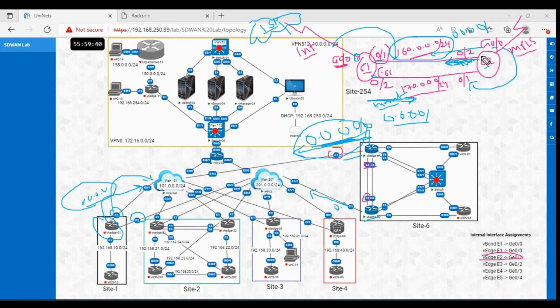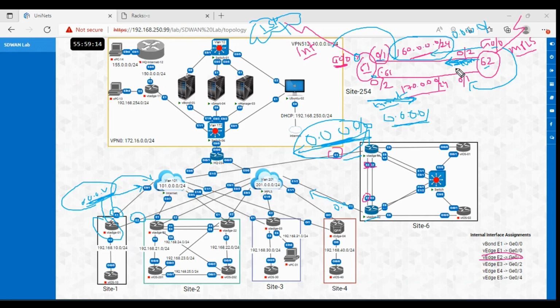Otherwise, you have to have a default route which will send all your traffic towards 61, and ultimately it will go towards your internet ISP. So no specific routing is required, only a default route is required.